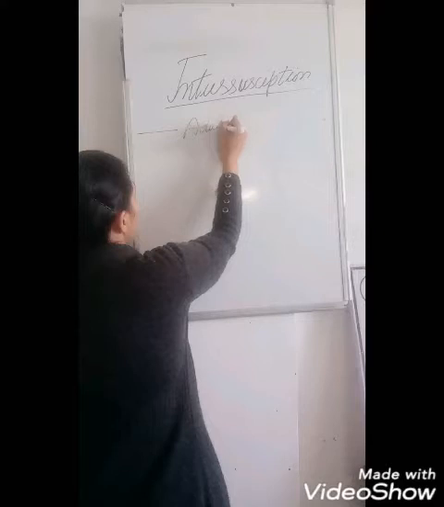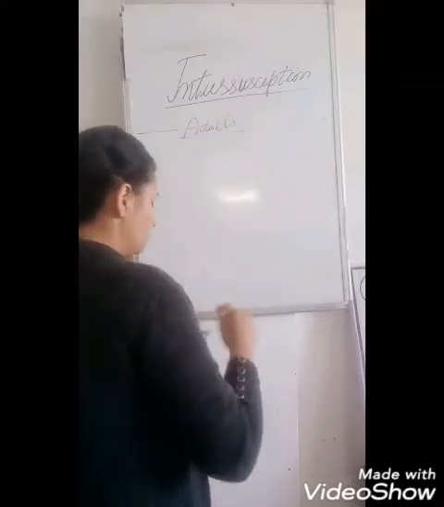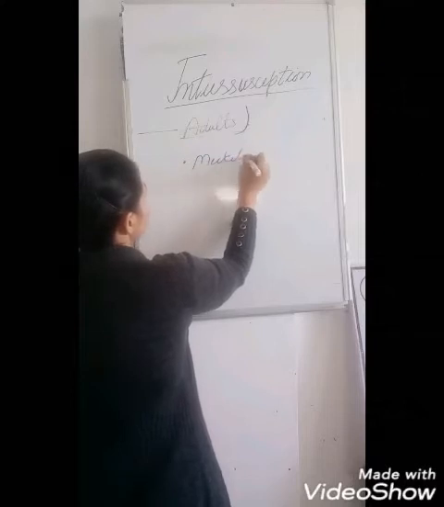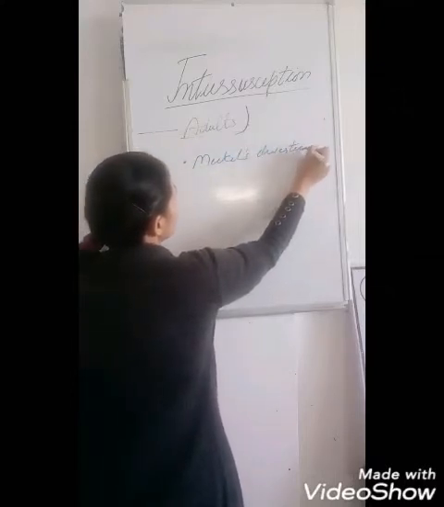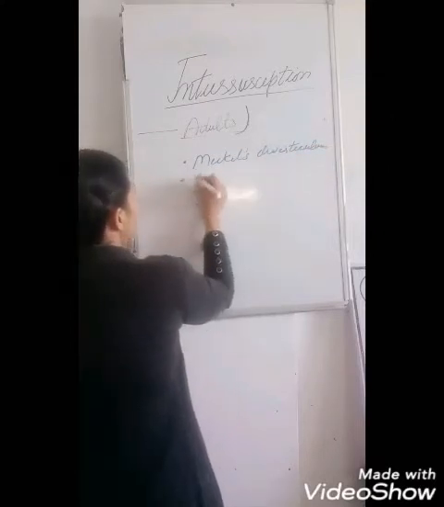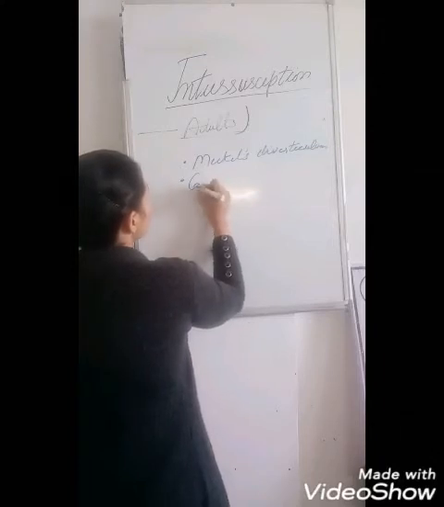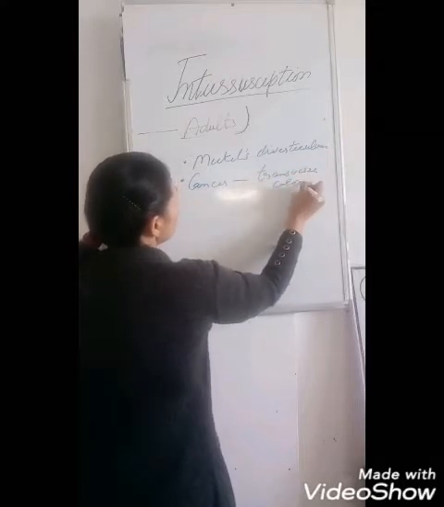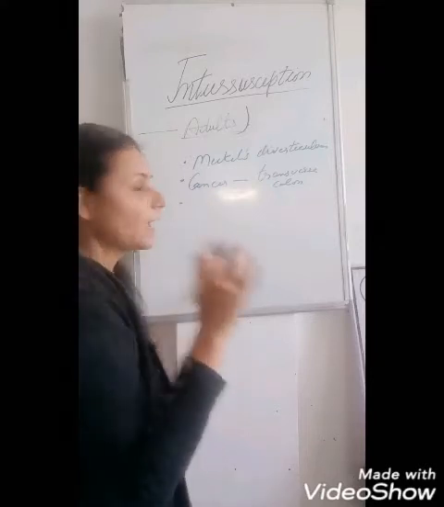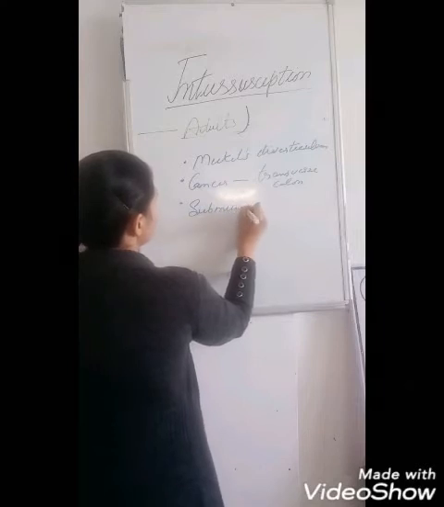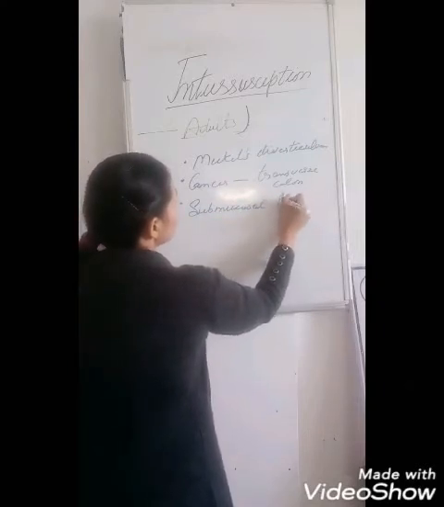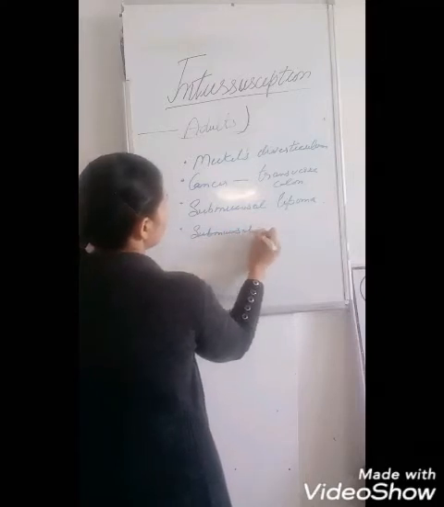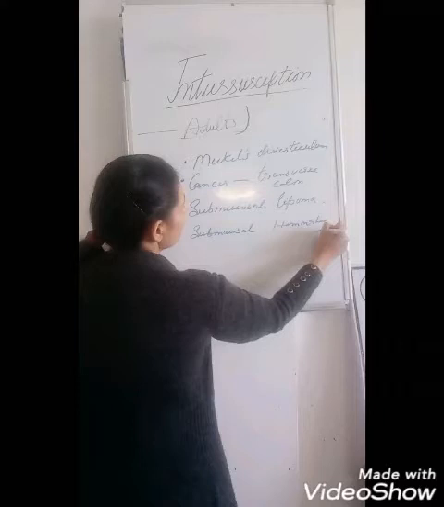If it is occurring in adults, the reasons could be Meckel's diverticulum, or cancer of the transverse colon, or submucosal lipoma, or submucosal hemorrhages, or purpura.